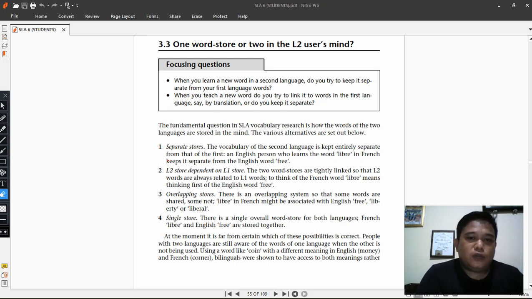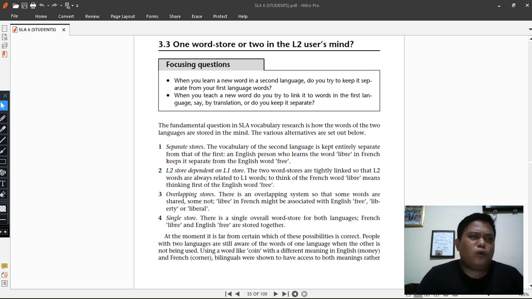An English person who learns the word libre in French keeps it separate from the English word free. So you separate your first language vocabularies from your second language vocabularies. In your mind you have two kinds of stores. The first store is for your first language and the other one is for your second language.